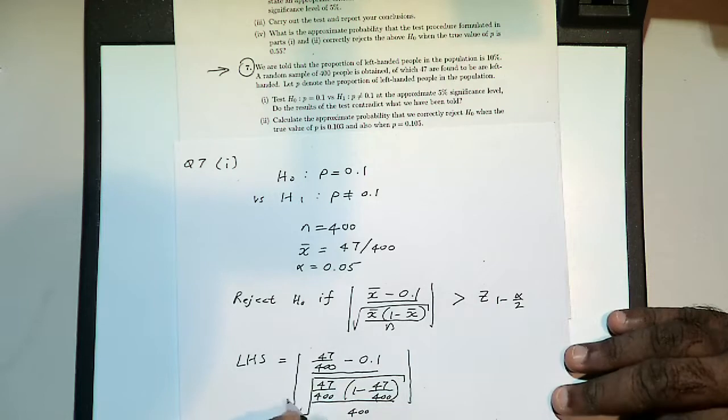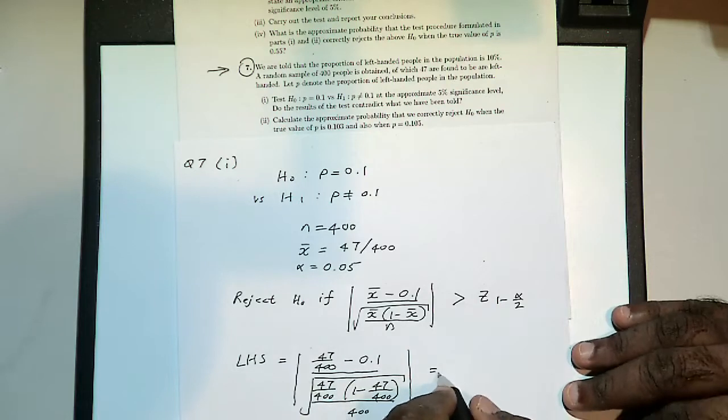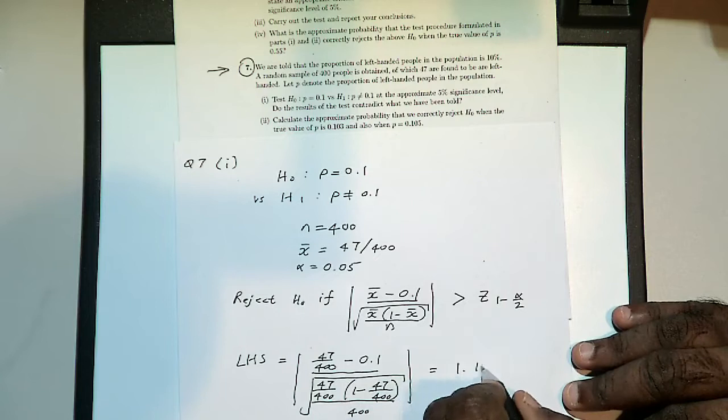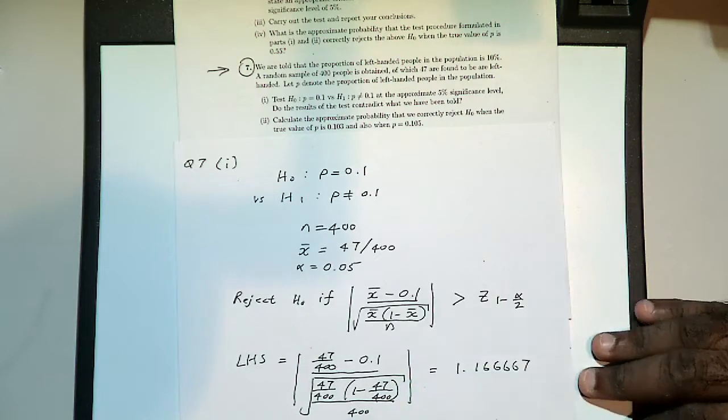If you work this out using your calculator, this will be 1.66667. This is what you will get.